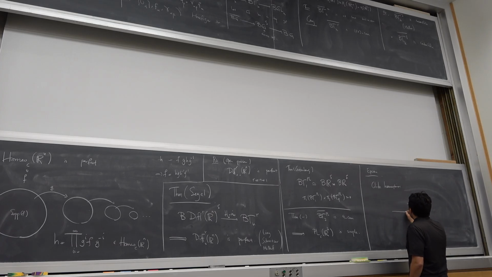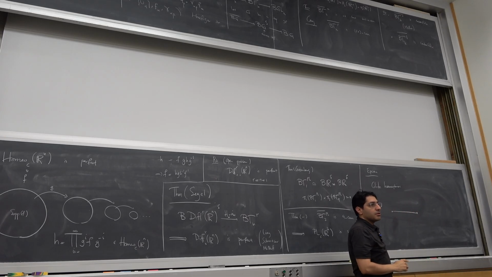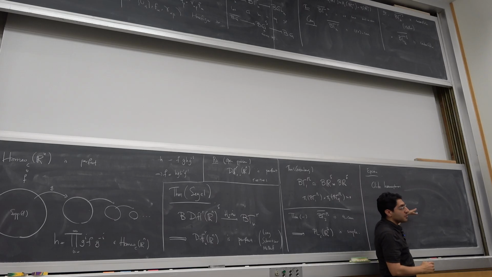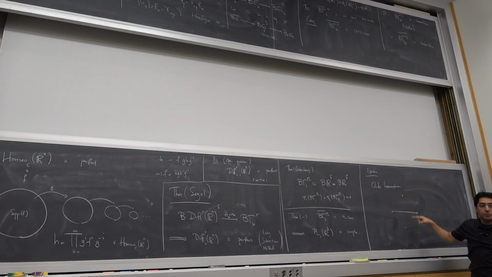You know what a PL homeomorphism of an interval is. From it, you can define certain PL homeomorphisms of the disk D2. The way you do it, you just take the join of the interval and 2 points.